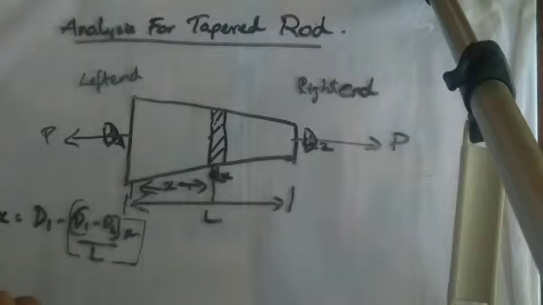Taking that whole term as k, we can write D_x equal to d1 minus kx.